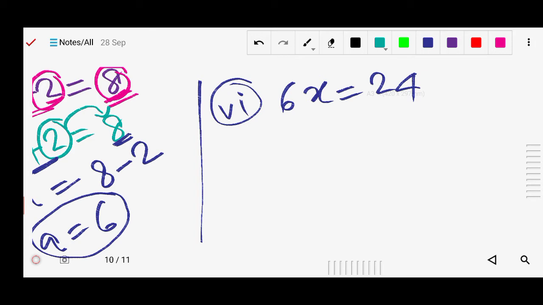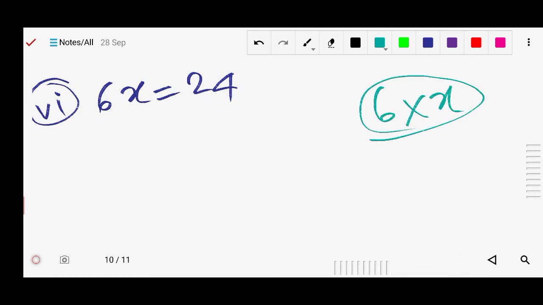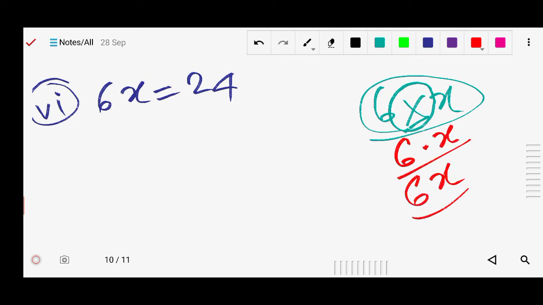When we write a constant with a variable, we do not write 6 × x, because the multiplication sign can be confused with the letter x. So we can write it simply as 6x. This is the best way of writing 6x.